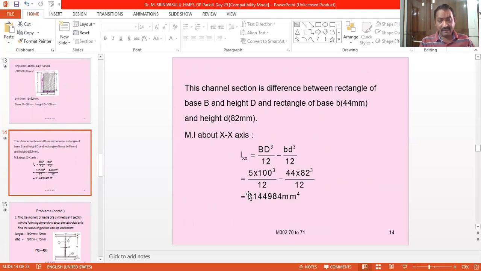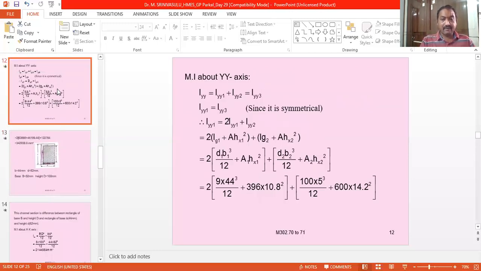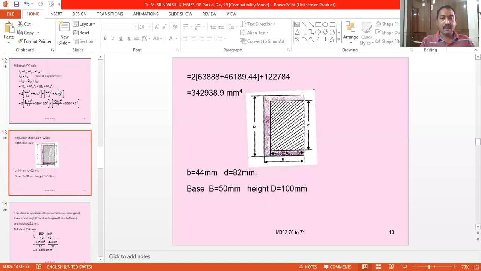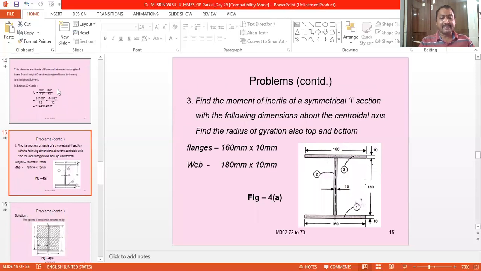You compare the values, both will be same, and we also get the same value, that Ixx is equal to 214,498.4 mm4, and similarly the Iyy also we got, the Iyy is equal to 342938.9 mm4. So these are the answers for the moment of inertia of the given channel section.